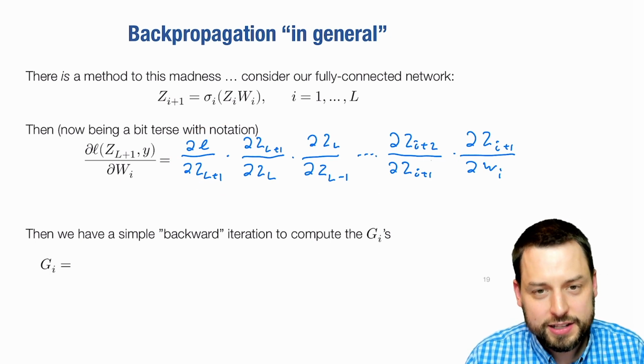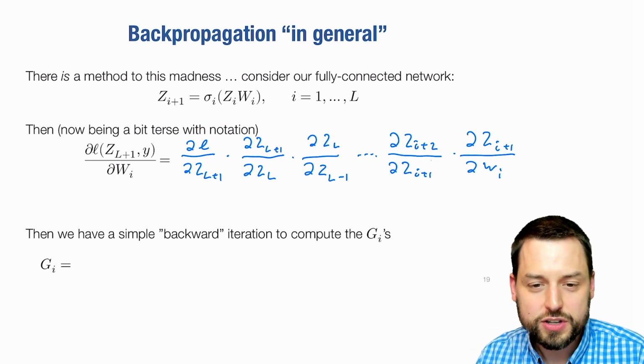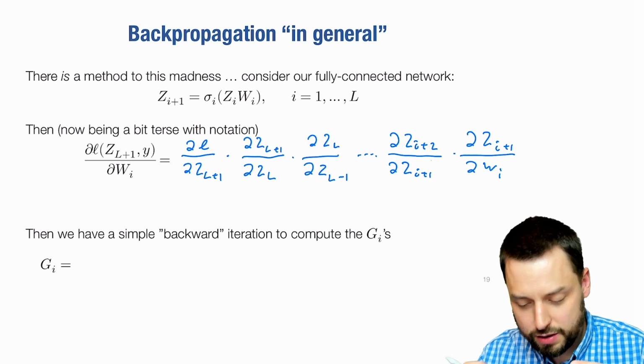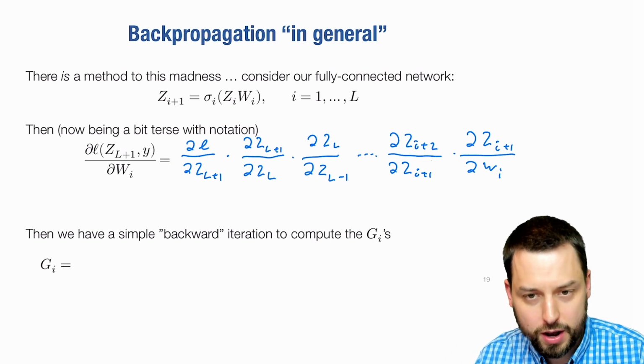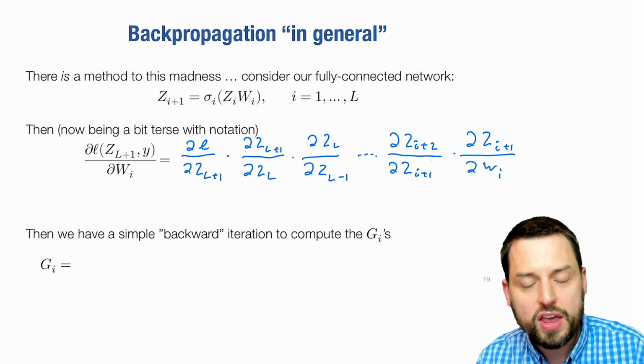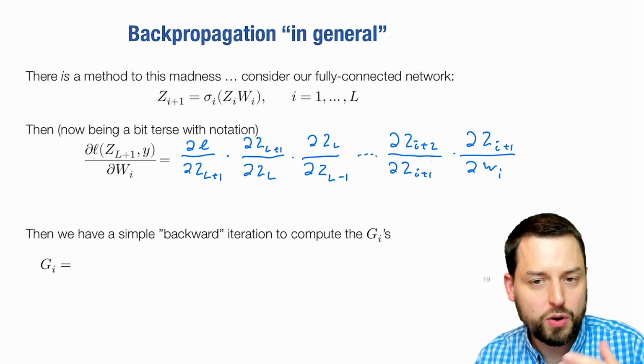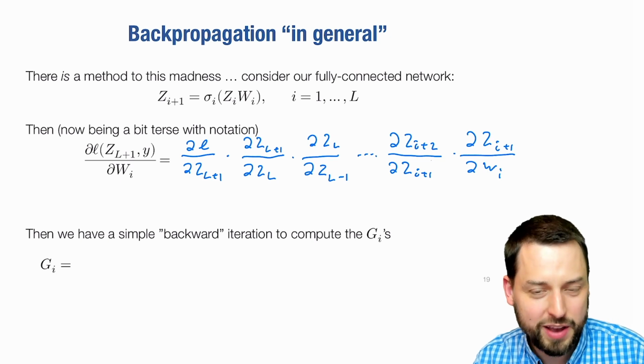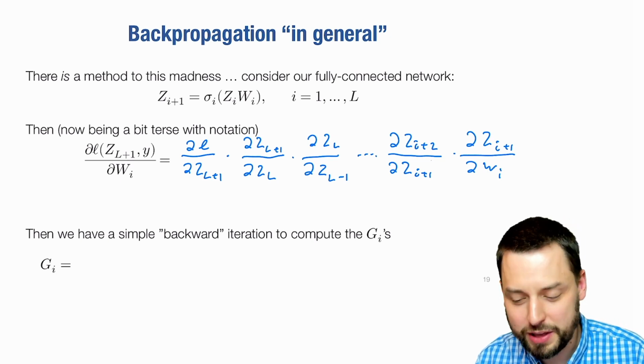And this is actually a really, really important notion. This notion that we are computing intermediate products or intermediate terms that we reuse, not just when computing one gradient, but when computing all the gradients we care about. That's going to be really, really important.